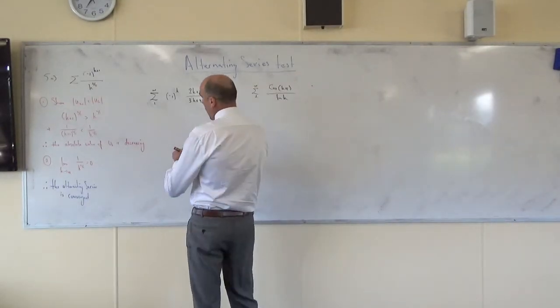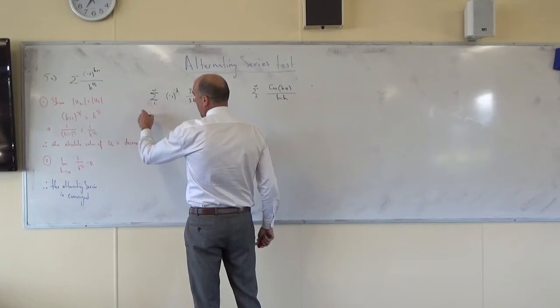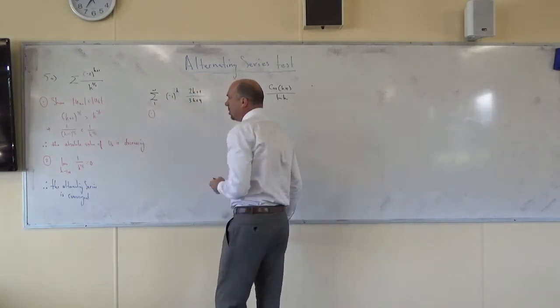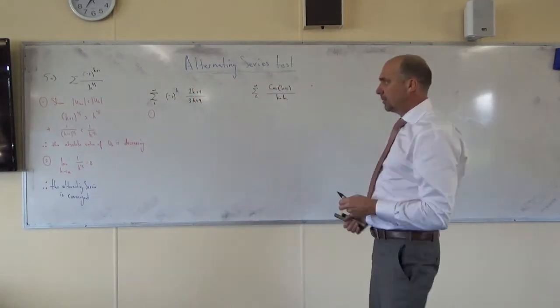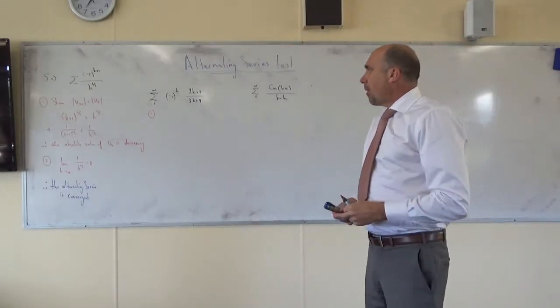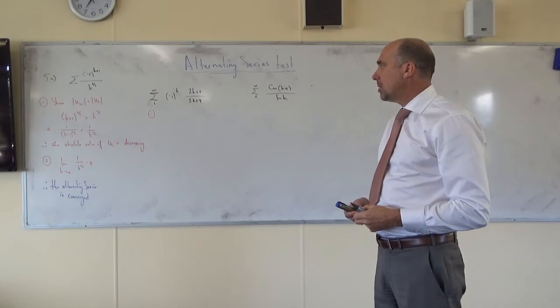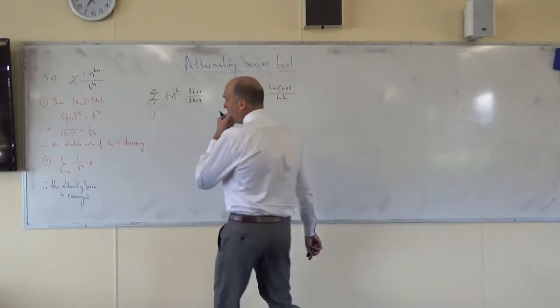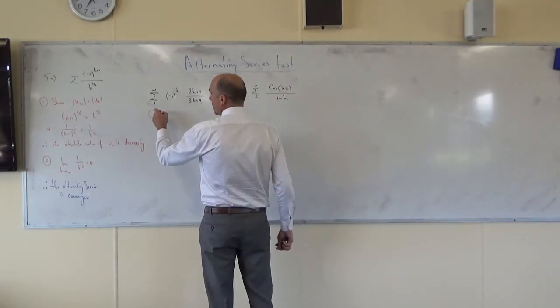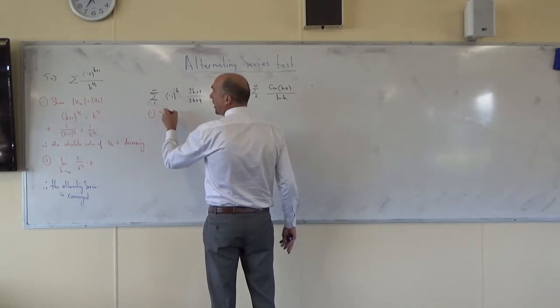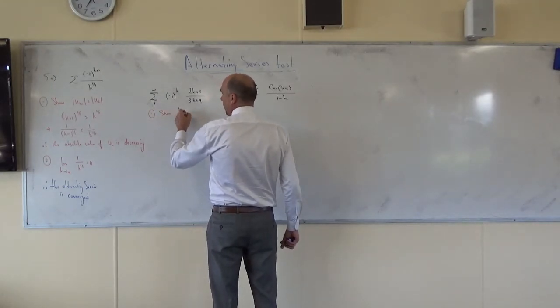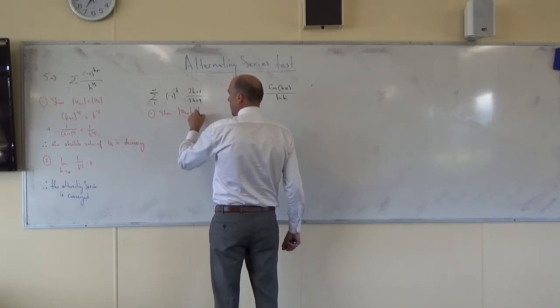So let's go here. Part 1 again. I've just got to show, ooh, how will I show that one? Well, I've got to show that U_{k+1} is going to be less than U_k.